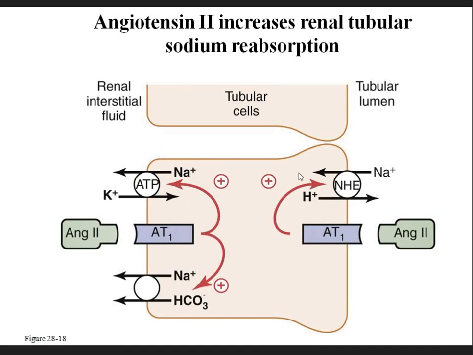While on the other hand, it is also stimulating sodium hydrogen antiport on the luminal border of the cell. So all these things are stimulated by angiotensin II. It stimulates sodium potassium ATPase activity. It also stimulates the co-transport of sodium and bicarbonate ions.